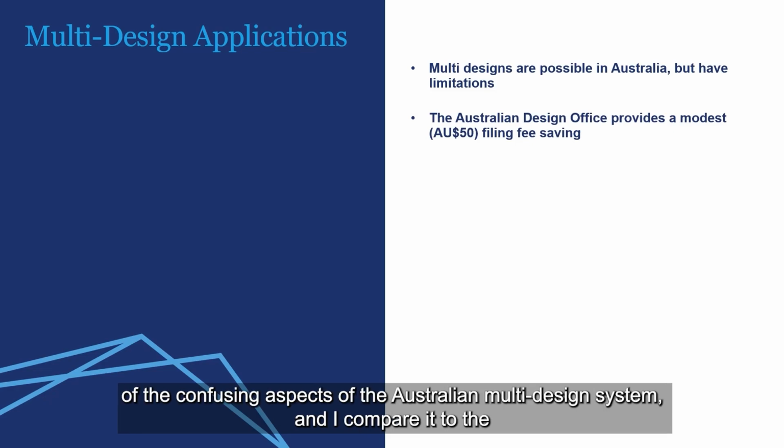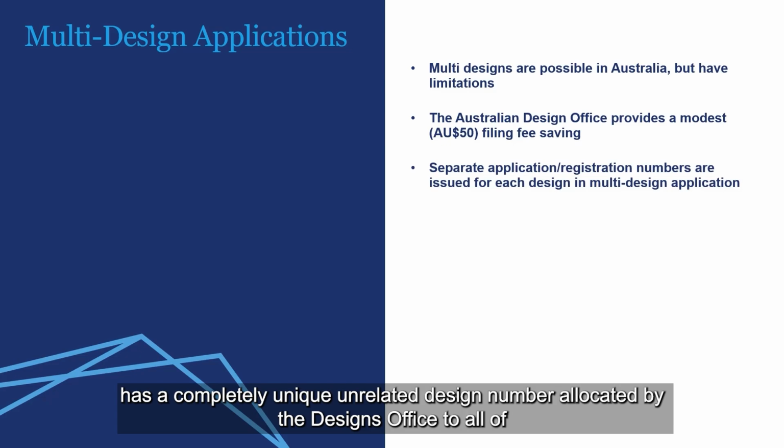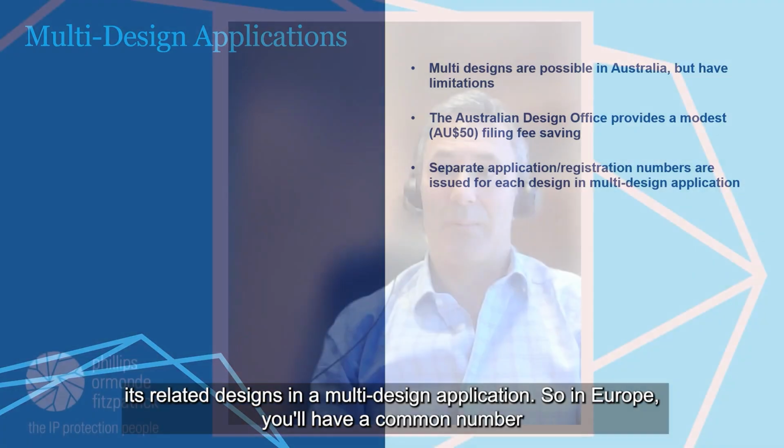One of the confusing aspects of the Australian multi-design system, and I compare it to the European design system, is that each design in a multi-design application in Australia has a completely unique, unrelated design number allocated by the Designs Office to all of its related designs in a multi-design application.